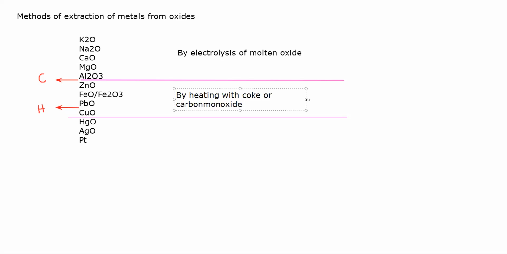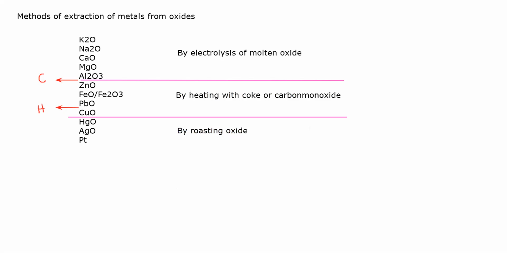So we can heat these oxides with carbon or carbon monoxide, and the metal will be separated. And for the least reactive metals, we simply heat the oxide, remove the oxygen, and we call that roasting.